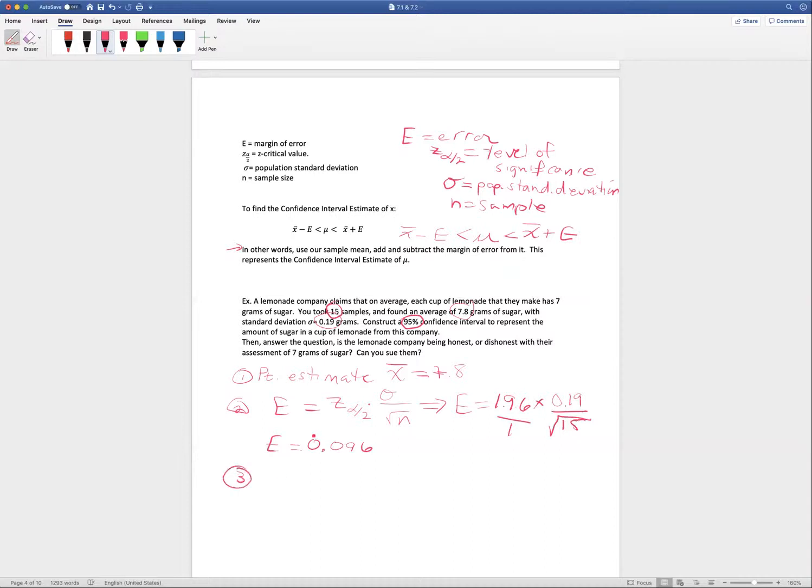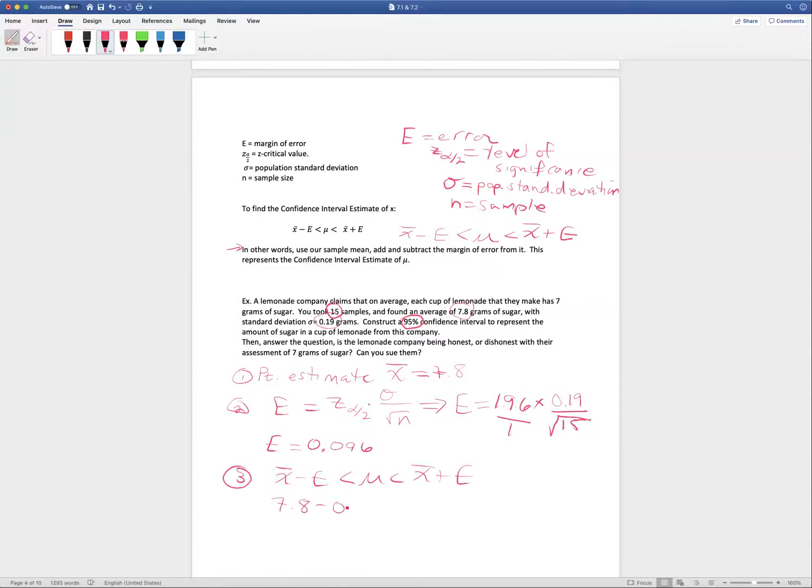So let's go to the third step of this process. Now let's actually construct the confidence interval. So remember what the confidence interval is. We're going to take our sample statistic, which is X bar, subtract the error from it, that's less than the true population mean, which is less than our sample statistic plus the error. So our sample statistic is 7.8.